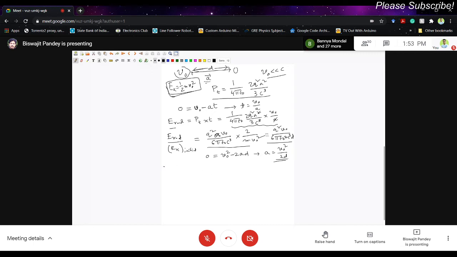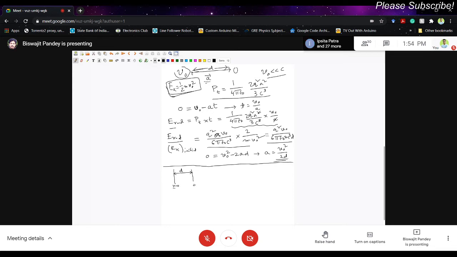Next, let us consider another example where we have a capacitor, and suppose an electron. Suppose this is positive, this is negative. So an electron goes from here to here, the plates of the capacitor are at a distance, say, d, and the electron is initially at rest, say v equal to 0.